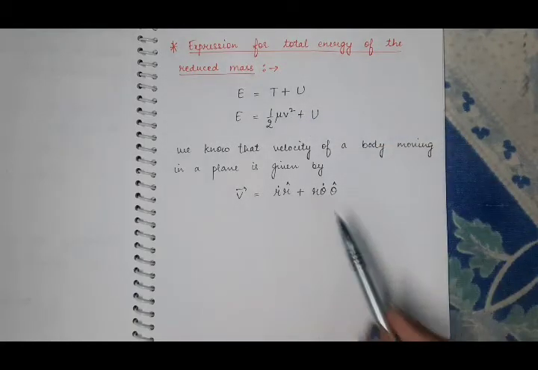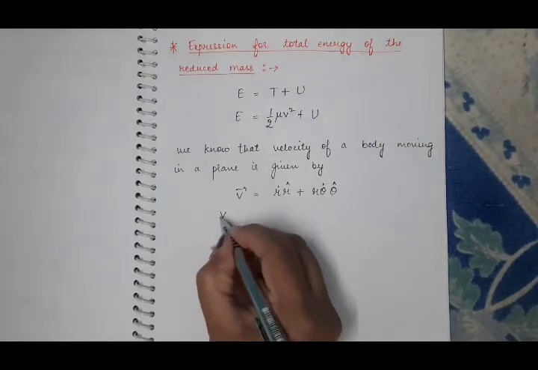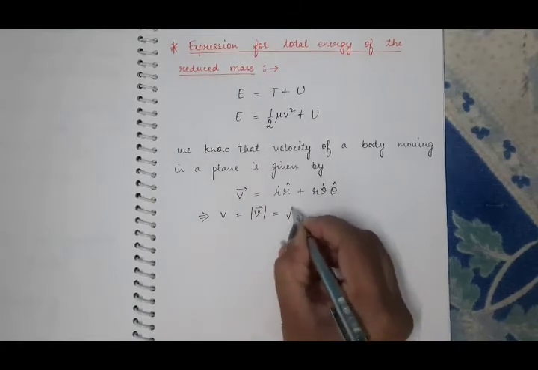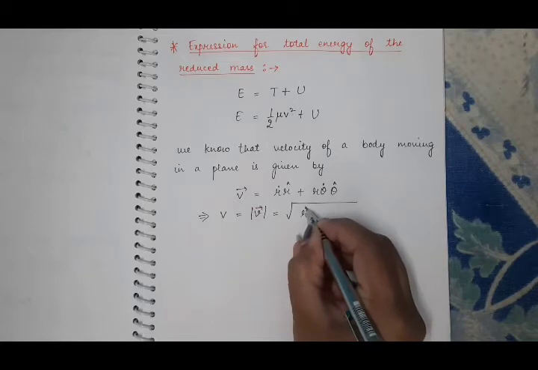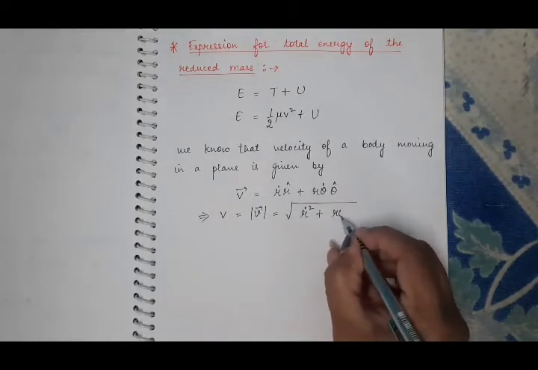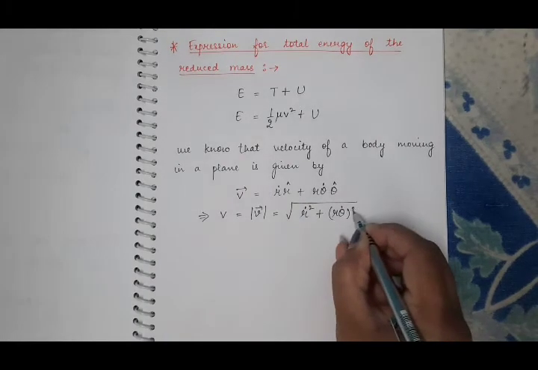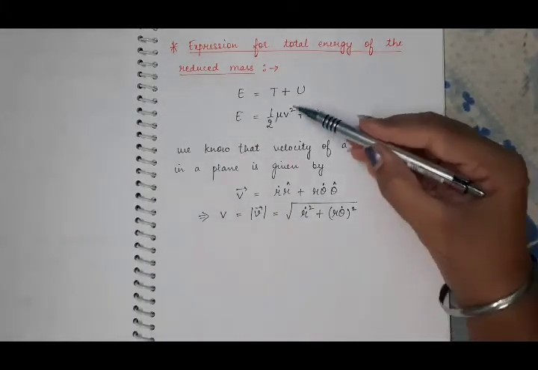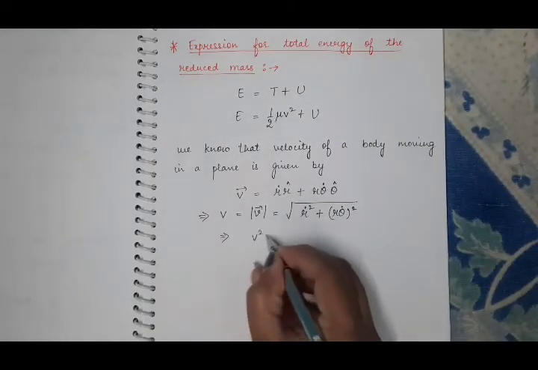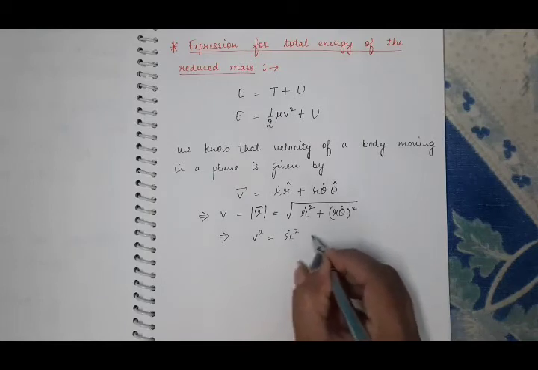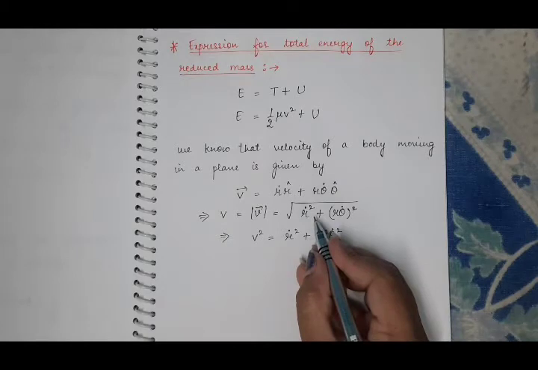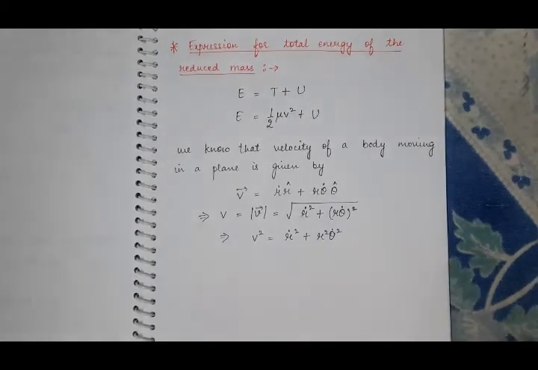So take the magnitude of this velocity vector. v is equal to the magnitude of the v vector, and it is the square root of the coefficient of r cap, which is r dot, so r dot square, plus the coefficient of theta cap, which is r theta dot, so r theta dot square. But we need the value of v square, so squaring both sides, we get v square is equal to r dot square plus r square theta dot square. On the right hand side, the square root is cancelled by the square.